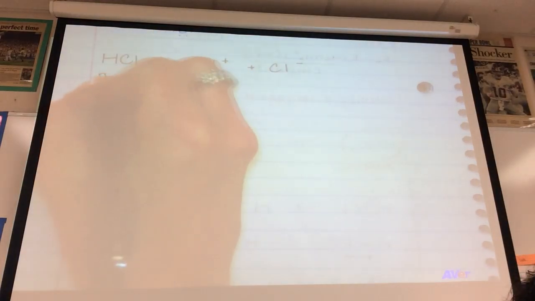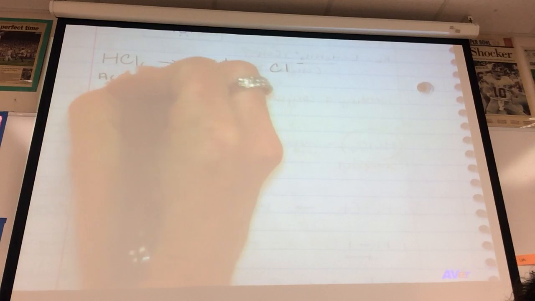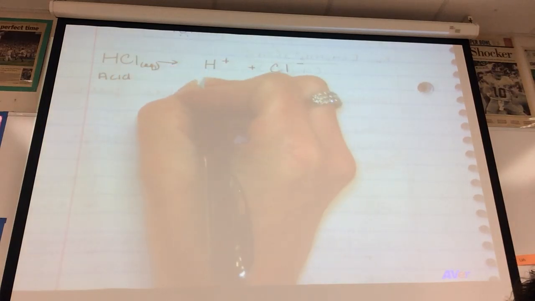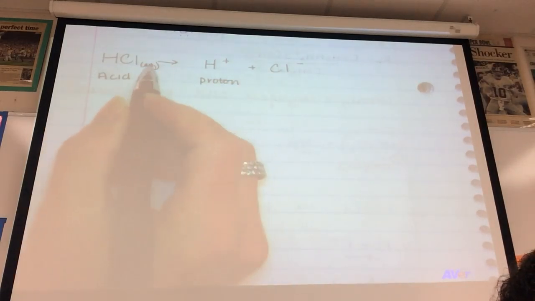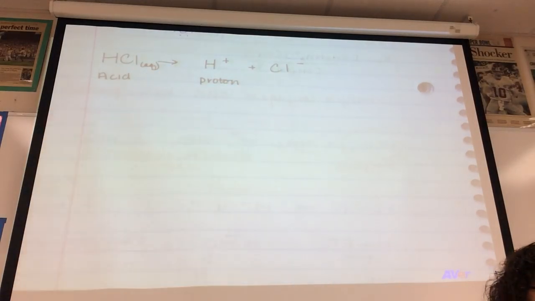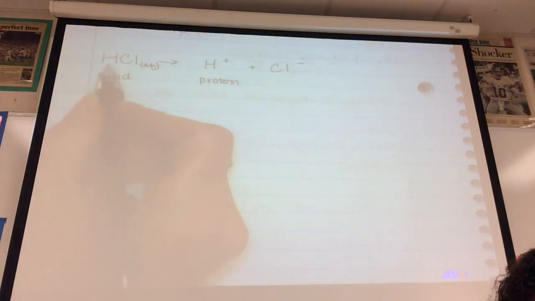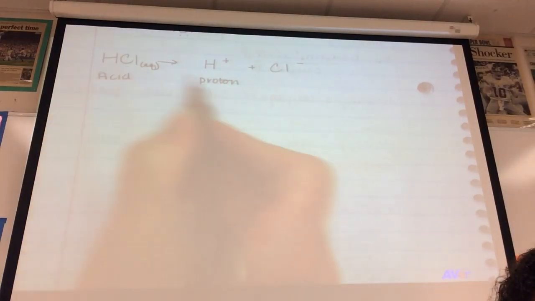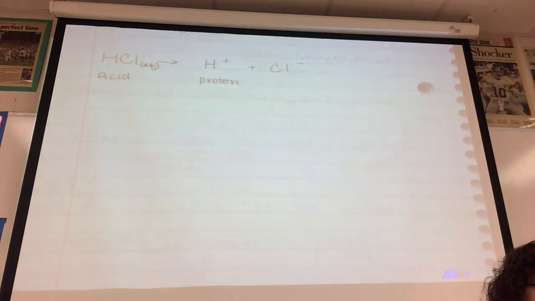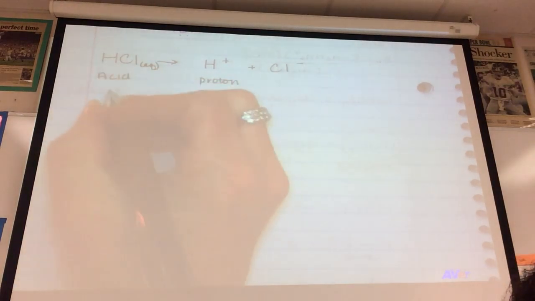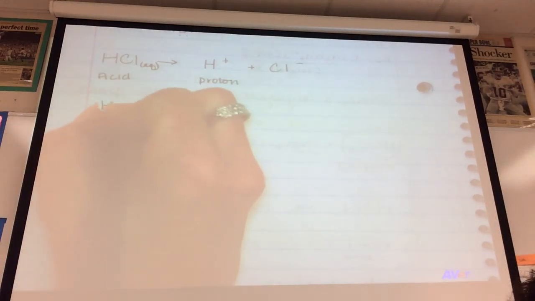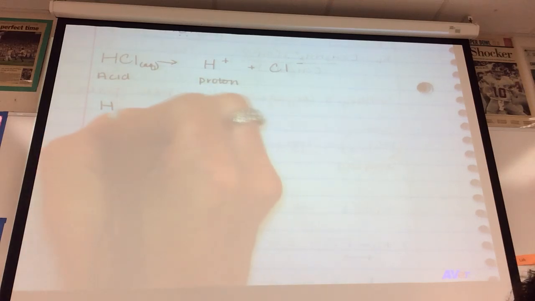An Arrhenius acid generates proton when dissolved in water. A strong acid ionizes completely such that the concentration of acid is equal to the concentration of proton. A weak acid such as hydrofluoric acid does not ionize completely.